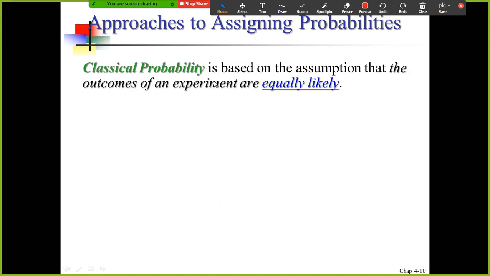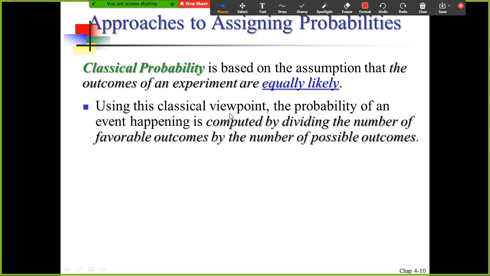Classical probability is a probability technique that we base on the assumption that the outcomes of one experiment are equally likely. What does equally likely mean? They equally happen. The result of probability that we study based on classical must be equally likely to happen.